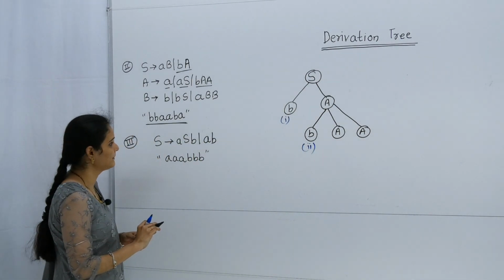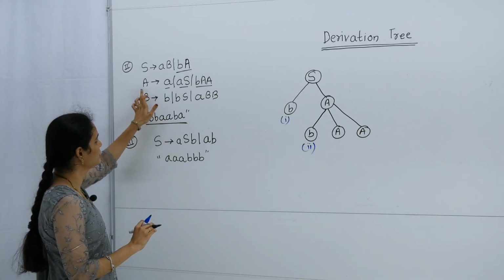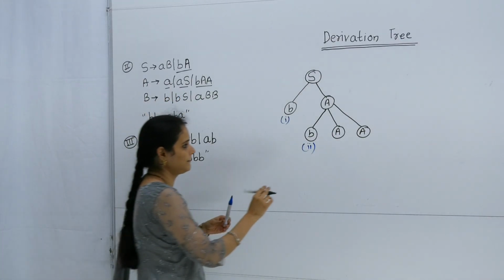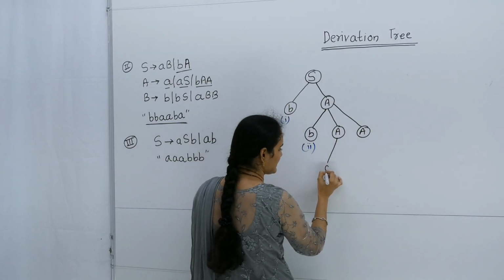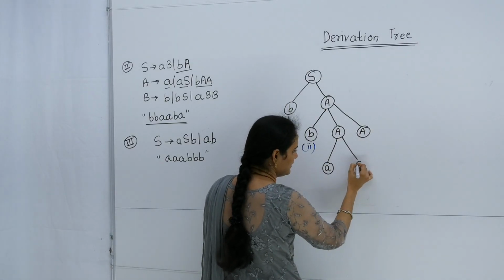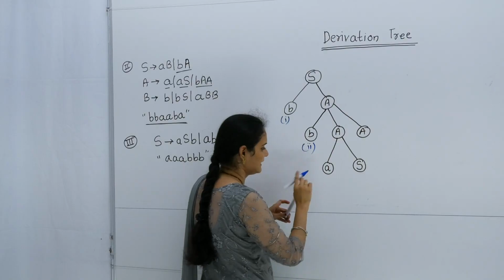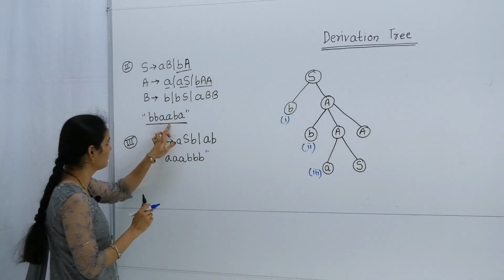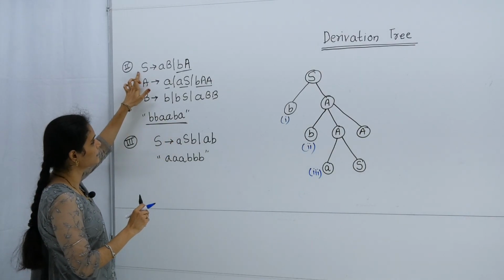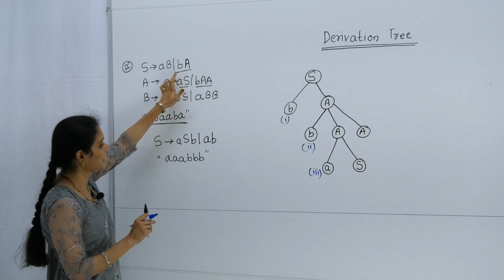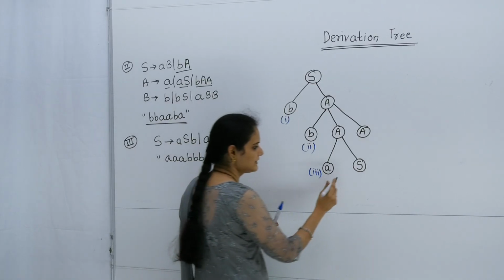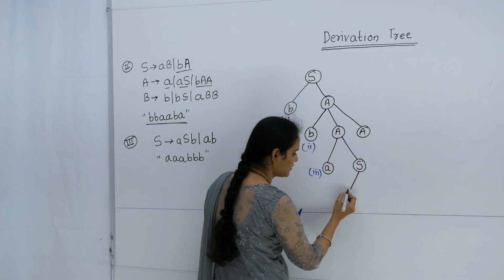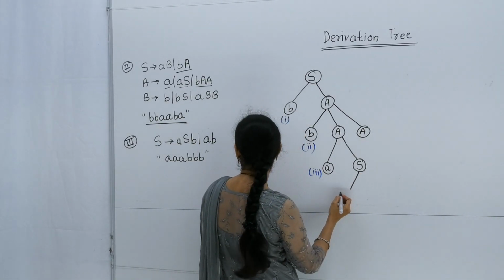Then capital A produces, what can we use, suppose I can again use capital A produces aS. So aS, that is my third leaf node. The fourth leaf node should be a. So S produces, I can use AB. So students, here we are near about our string which we are going to derive.